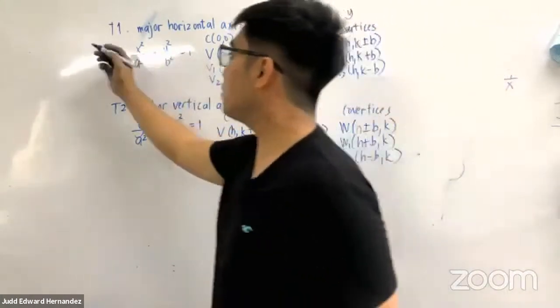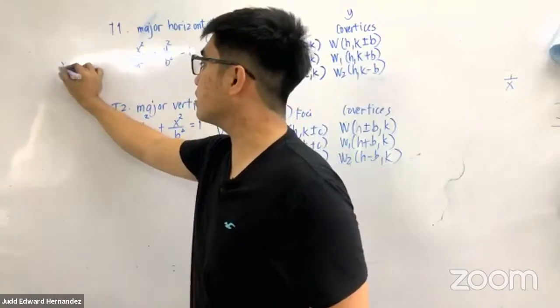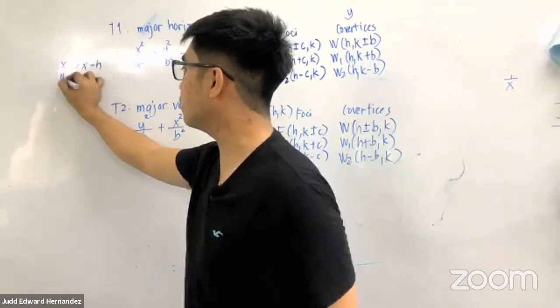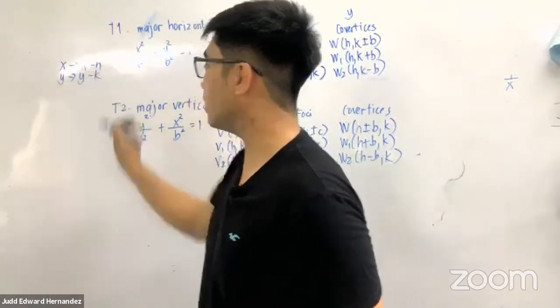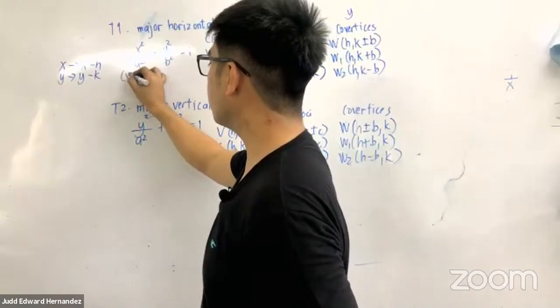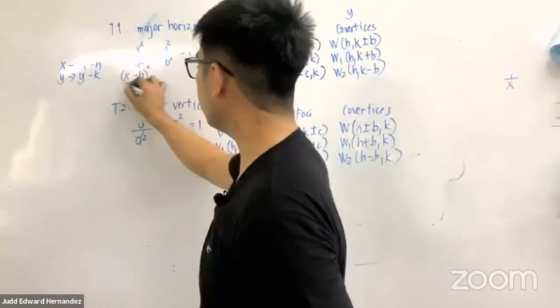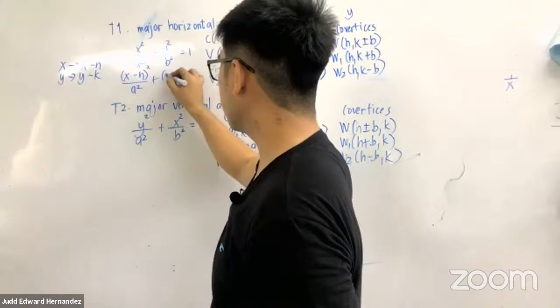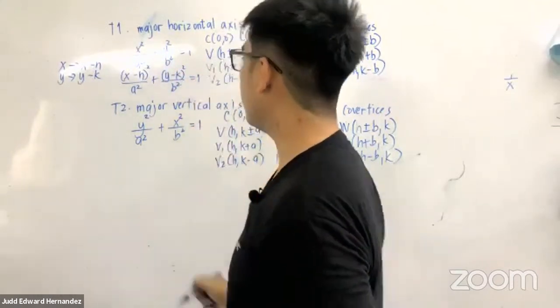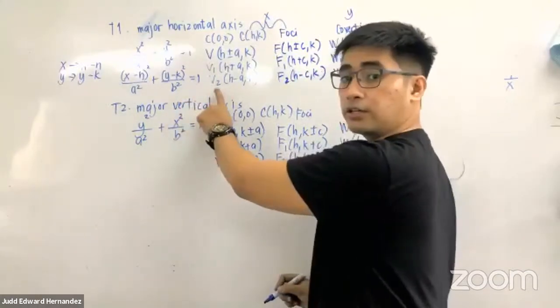So, in that case, sabi nga natin nung una, ang ginagawa lang natin is we need to replace X by X minus H and Y by Y minus K. So, madali na lang naman yon. So, therefore, the formula or the equation would be X minus H quantity squared over A squared plus Y minus K quantity squared over B squared is equal to 1 for the major horizontal axis.